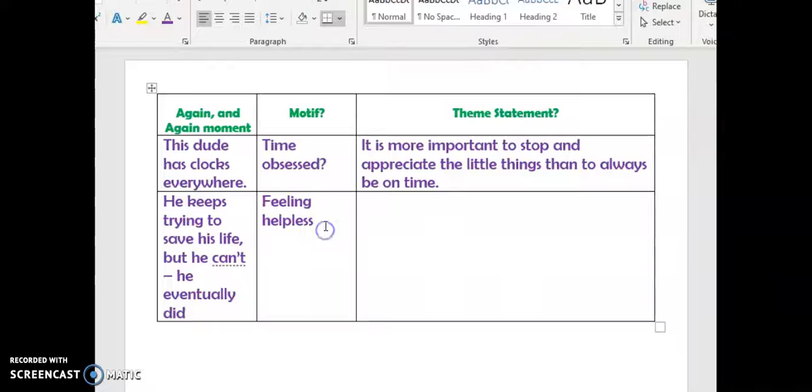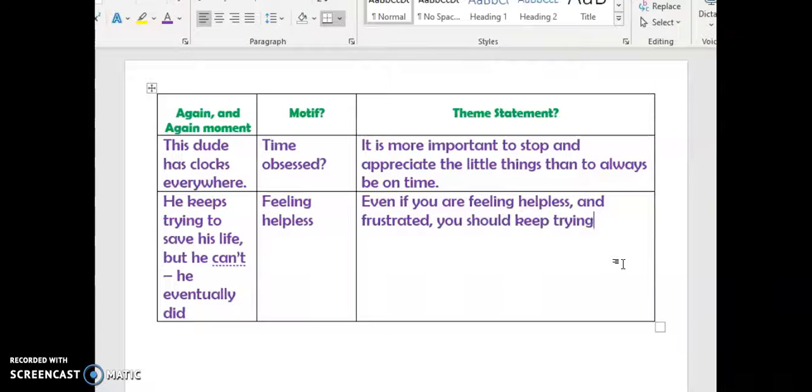So what I'm thinking is, even if you're feeling helpless and frustrated, remember, he threw that clock. He was pretty frustrated. You should keep trying, or try something different.